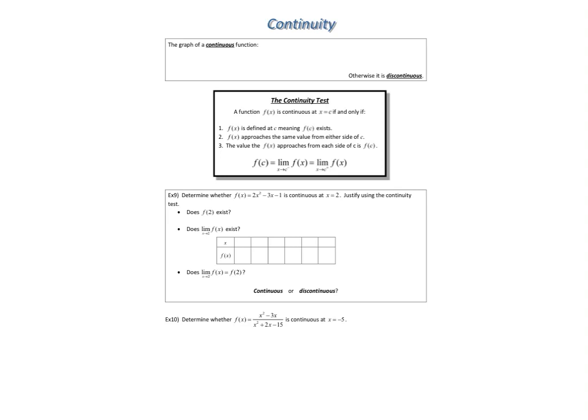And so you need to make sure that when you are answering a question about limits, you don't answer with a continuity answer, and when you're answering a question about continuity, you don't answer with a limits answer. Be real careful about that.